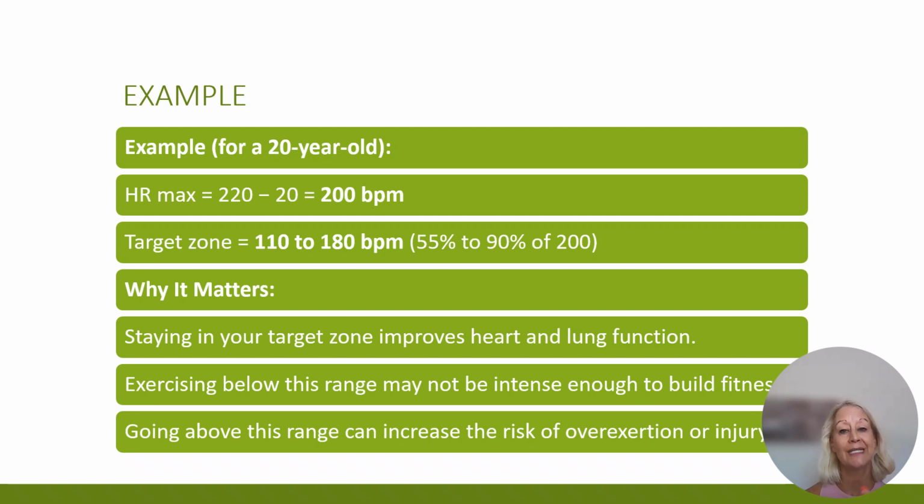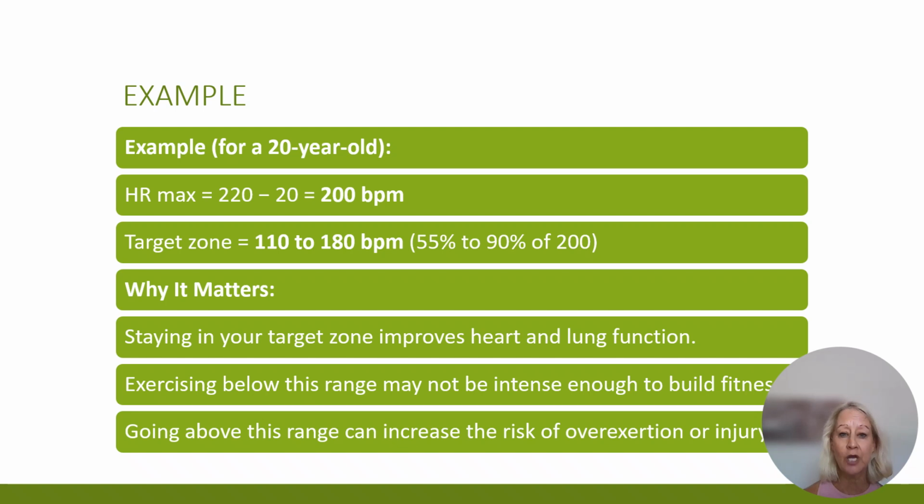And so to calculate the target heart rate zone that's most effective, 55 to 90% of that maximum heart rate. So you're going to take 200 and multiply that by 55%. That gives you 110 beats per minute. Now, if you do the same thing with 90%, 200 times 90% equals 180 beats per minute.